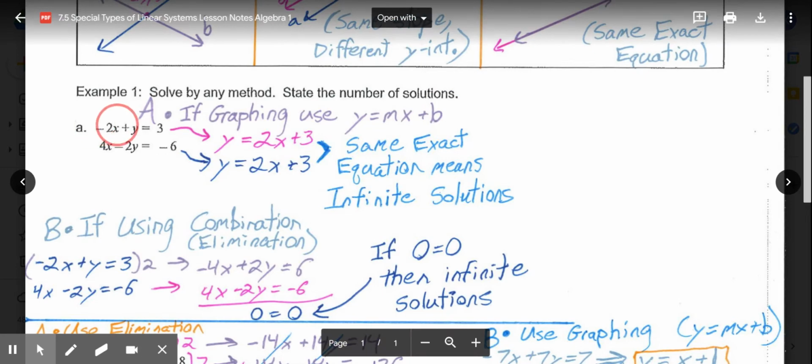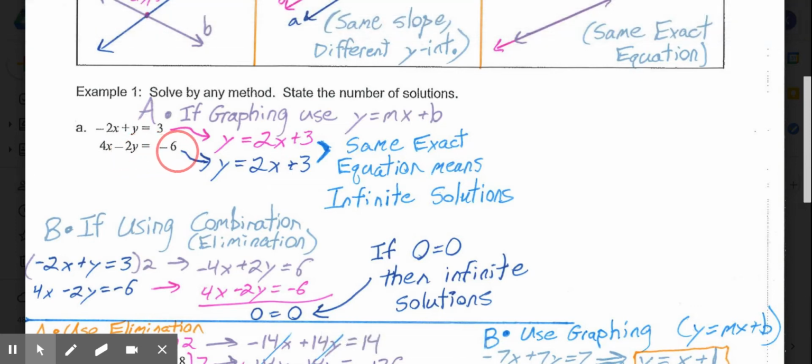If I look at my two equations, negative 2x plus y equals 3, and 4x minus 2y equals negative 6, and solve both for y, the top equation becomes y equals 2x plus 3. The bottom equation is also y equals 2x plus 3. Because it's the same exact equation for both, I'd have infinite solutions.